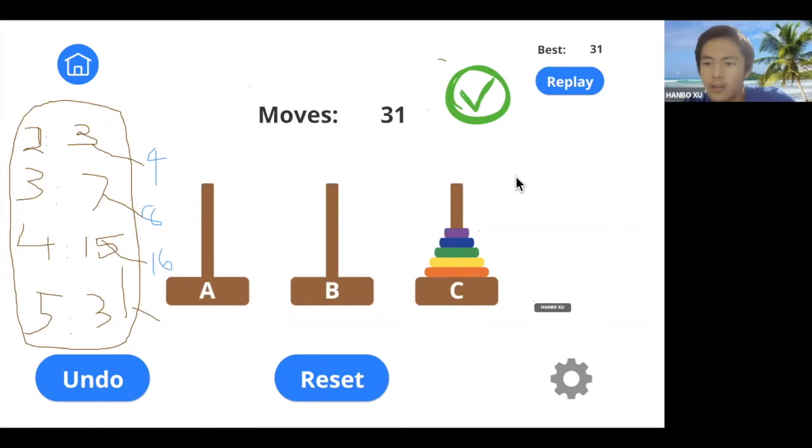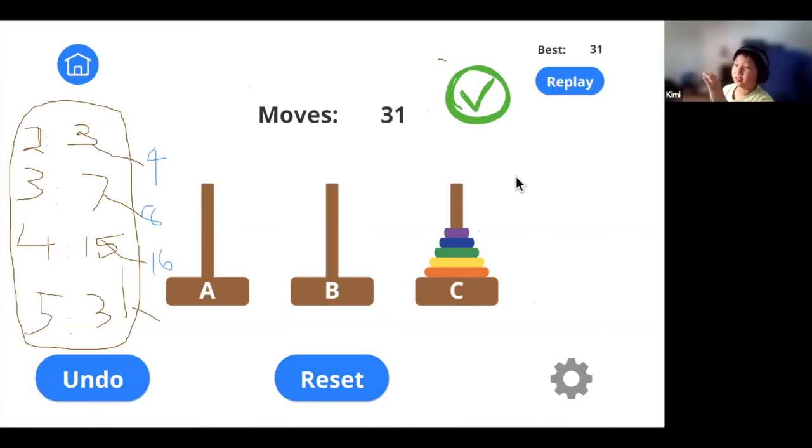Oh, why do you think that? Like, you could see that 3 jumps to 7. That's 4. That's not really a lot. Like, it makes sense because there are new rings, so you have more to figure out. But why would it suddenly jump from 15 to 31?